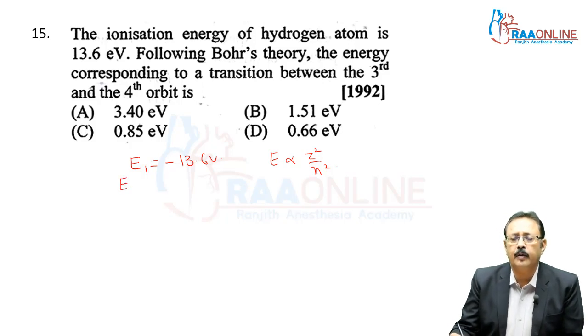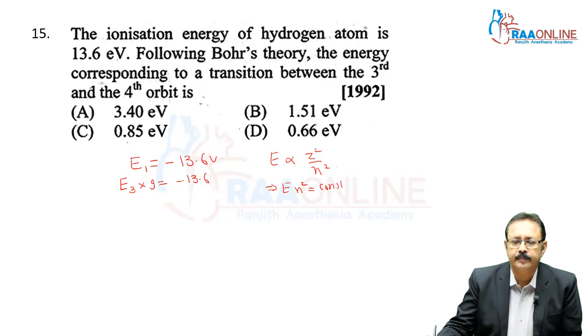So E1 into 1 square is equal to minus 13.6.